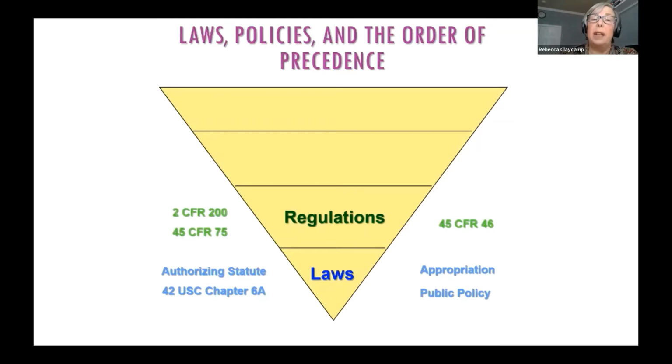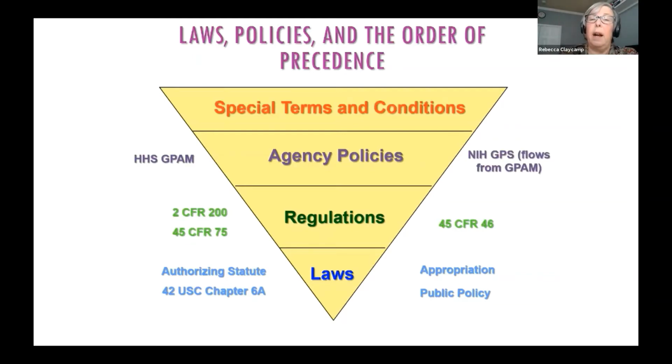Regulations such as 2 CFR, 45 CFR, human subjects regulations, take precedence over agency guidelines as well as policies, and then the penultimate is the special terms and conditions, which you see in the notice of award or is outlined in a funding opportunity announcement.